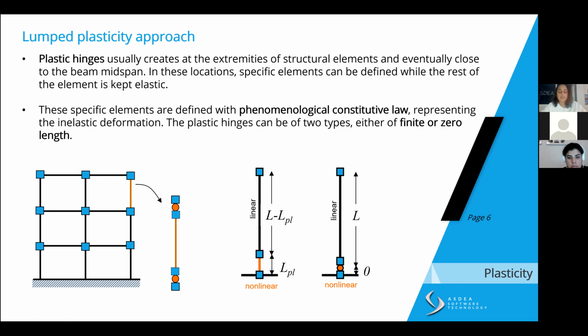Instead, for zero length, you need to define a phenomenological law, assigned to, let's say, a rigid spring with an elastic behavior collapsing that point. So it's a different way of describing an inelastic deformation. It's either through a uniaxial law that's applied to each of the fibers of your sections, or a phenomenological law that defines the behavior of a point in which all of the inelasticity is concentrated.